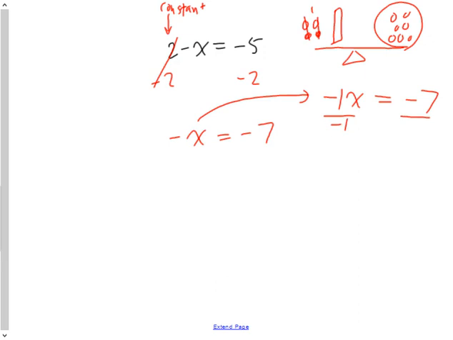So what we would have to really do here is divide both sides by negative 1 to get rid of your coefficient, and x would equal a positive 7. Another way to think about that is, if we employ our opposite of, we can say the opposite of x is negative 7. So therefore, x must be a positive 7.